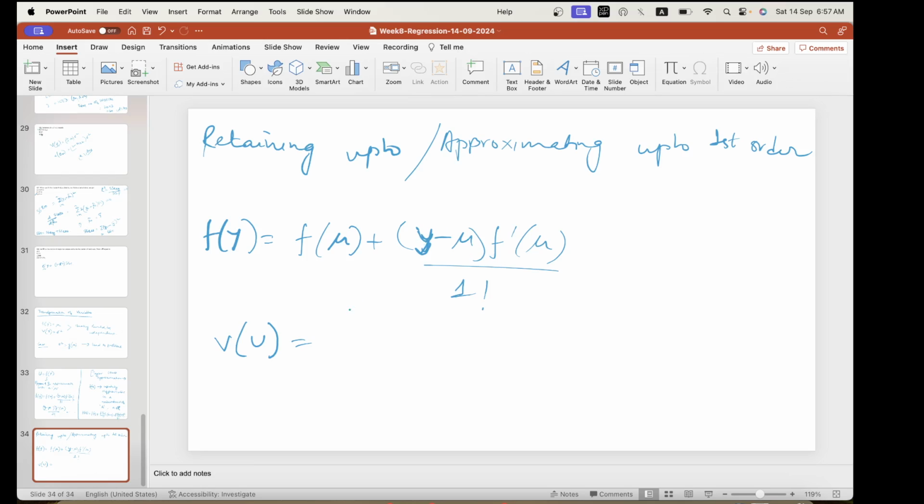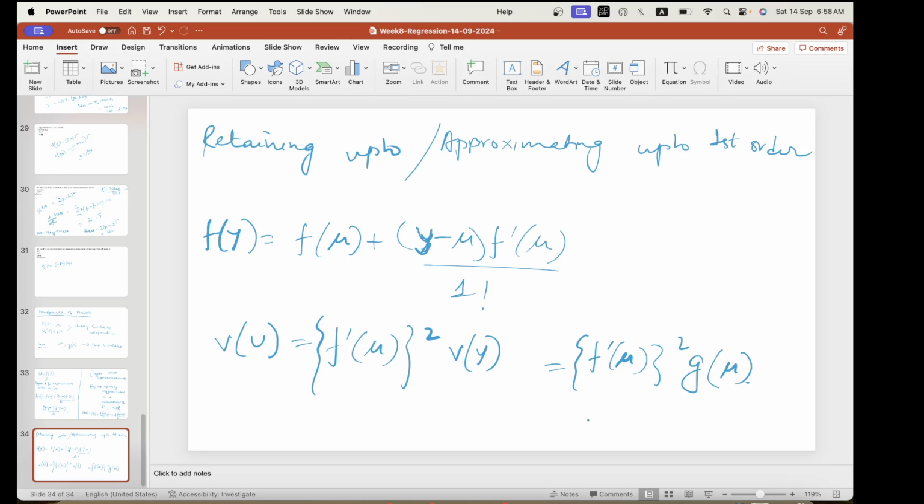Here we can write it as f prime mu whole square, since this is a scalar quantity, and variance of y minus mu would be variance of y. Why so? Because variance remains invariant to change of axis, invariant to translation. So variance of u would be f prime mu whole square into variance of y, which was sigma square, which is actually g of mu.